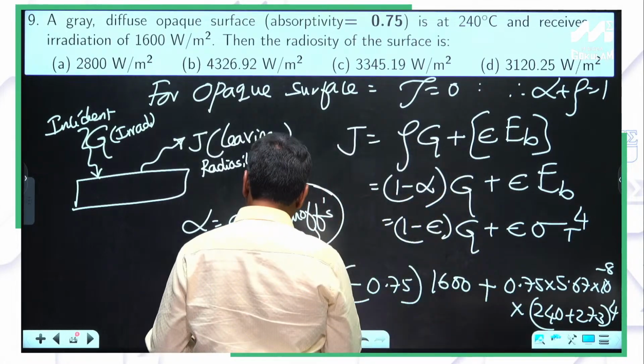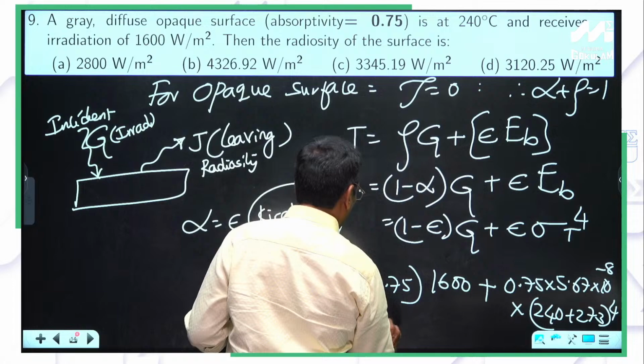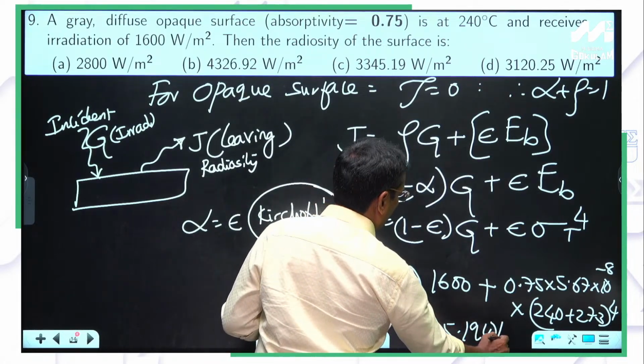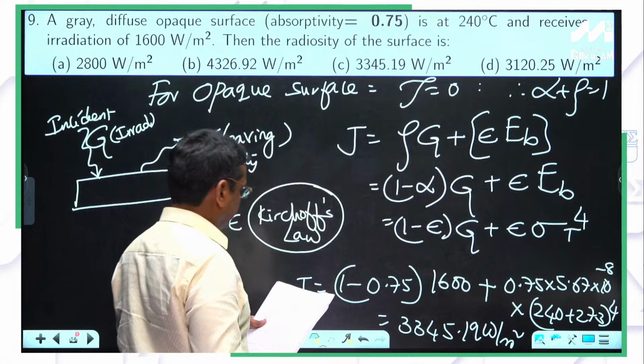You will get the answer as 3345.19 watt per meter square.